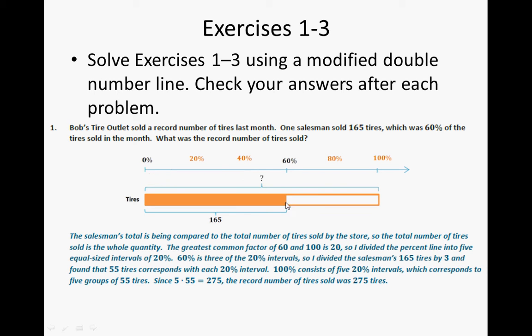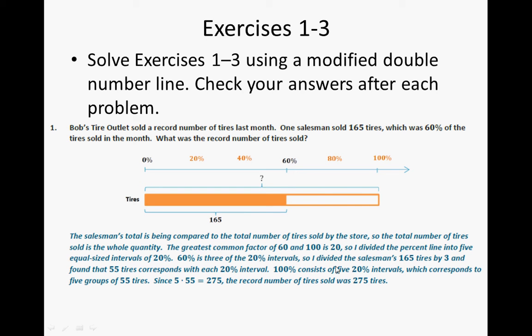If 60% is representing 165, then you would have 20, 40, 60, 80, and 100. So 60 is 3 of the 20% intervals, so you're going to end up dividing the salesman's tires by 3 also, because here is 1, 2, 3. So we're going to divide 165 into 1, 2, 3.